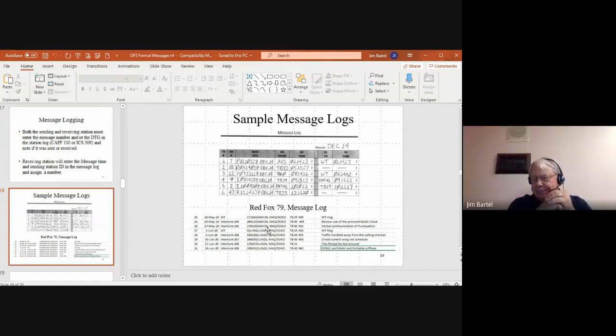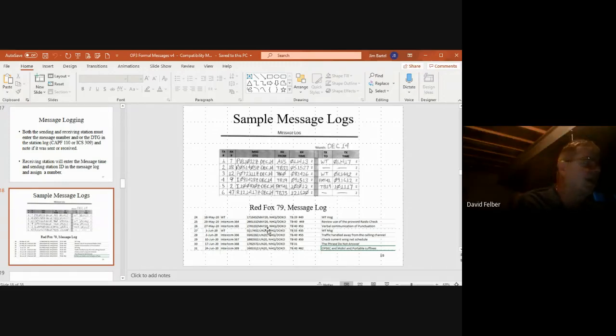Seven coded groups. And you log on to the communications website and e-services, and there's a web application. You enter that message as you received it, and it'll tell you if you received it properly and how long it took to get from the originator to the destination.